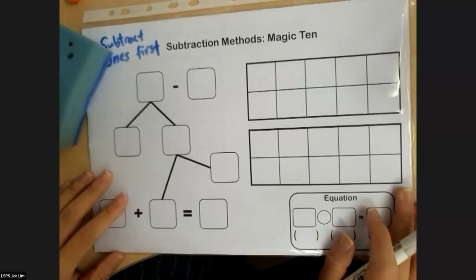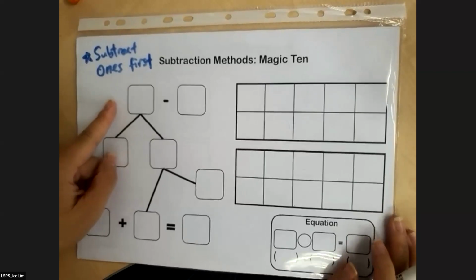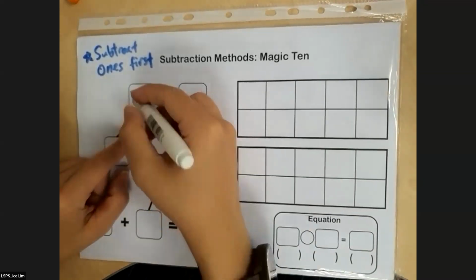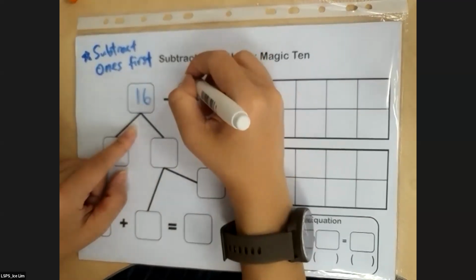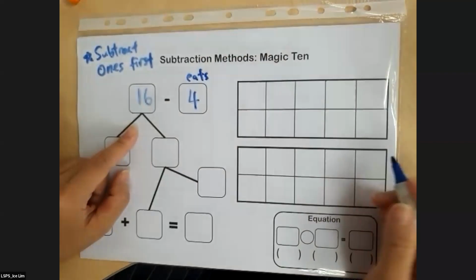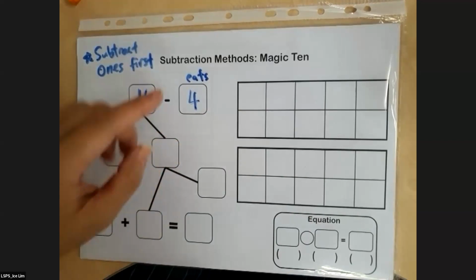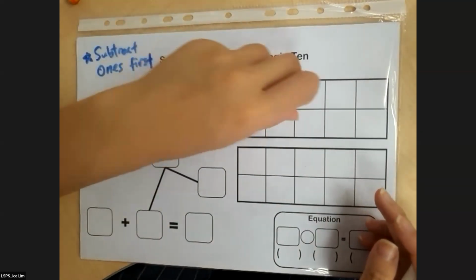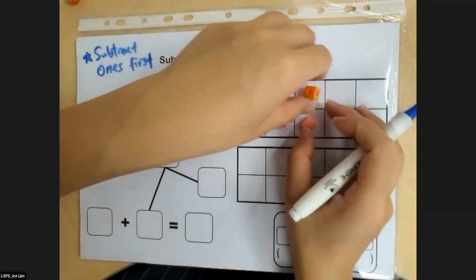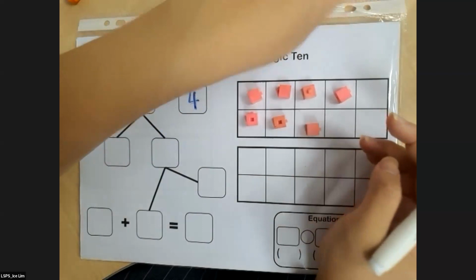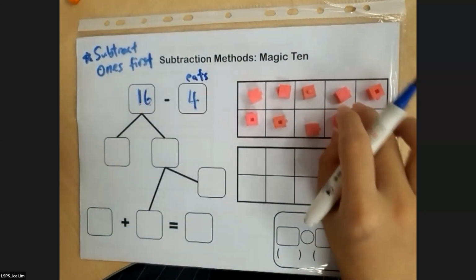Now, over here in the whiteboard, the story, again, we are using the strategy subtract from ones first. The story is 16 cherries minus 4 cherries because our friend eats 4 cherries. No more. So what can happen is, I have the 10 little ones, just like the previous question, and then I have 6 more.